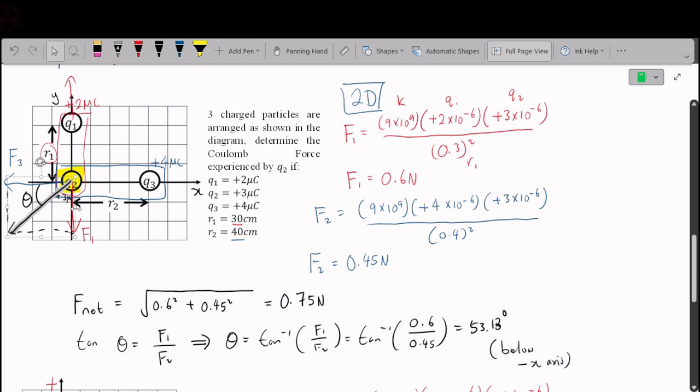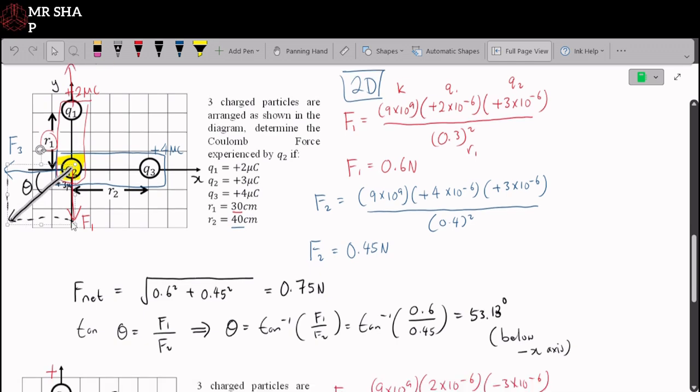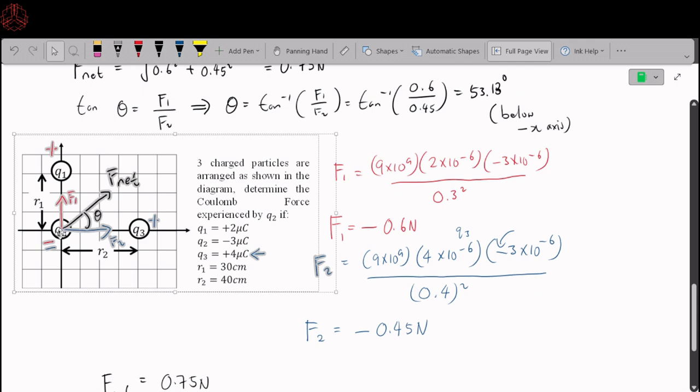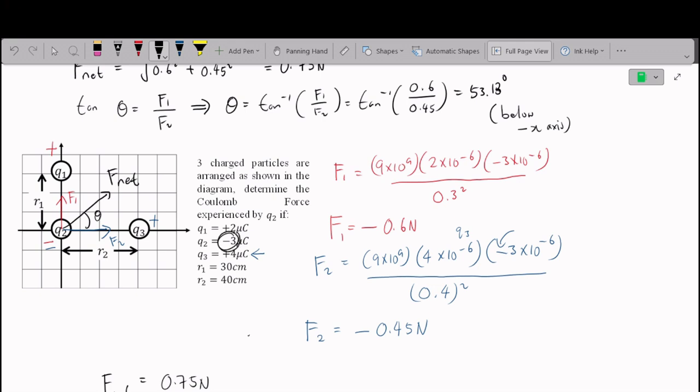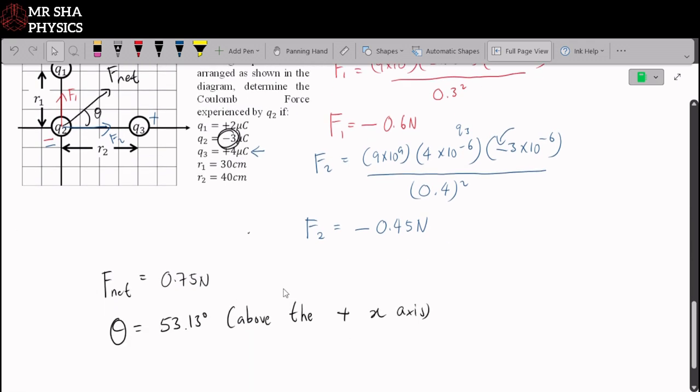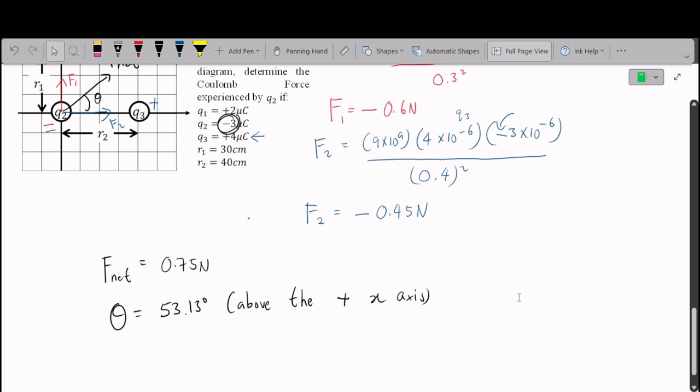Here I'm showing you, when I draw it out, because they're repulsive, they're moving away, and in the second part we have both of them to be attractive. I've done that simply by changing the sign of Q2. I've maintained all the same values, I changed the sign, and we will denote that by putting our answer above the x-axis.